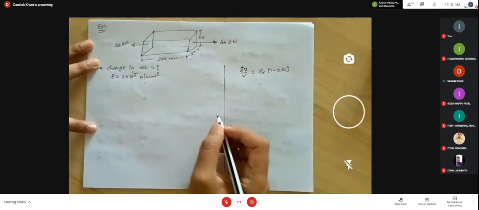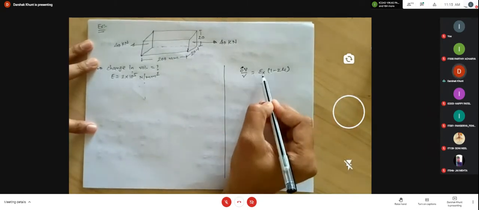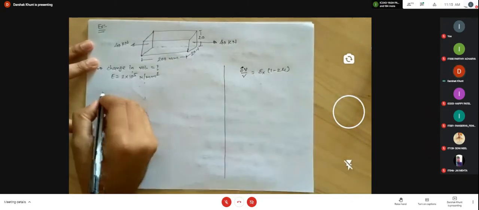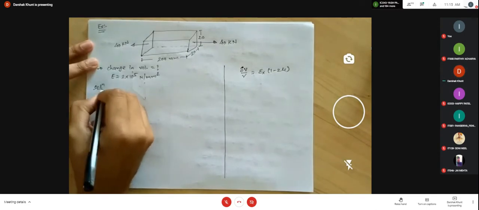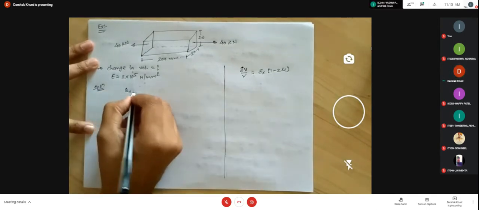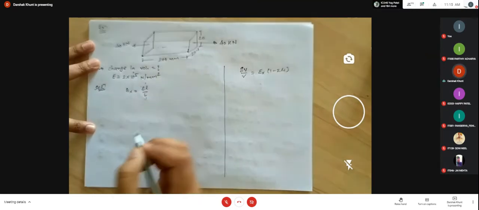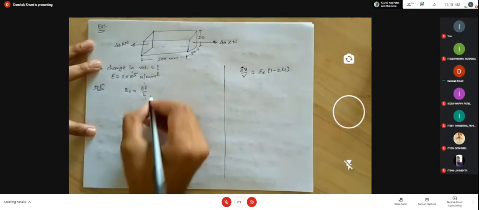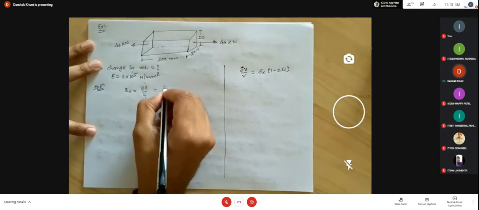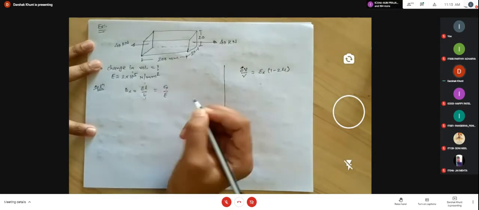Okay. So first of all, we have to find the strain in the x direction. So strain in x direction is given by change in length by original length in the x direction. Okay, so it is equal to stress in x by E.